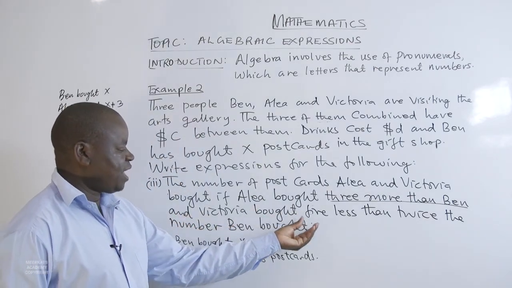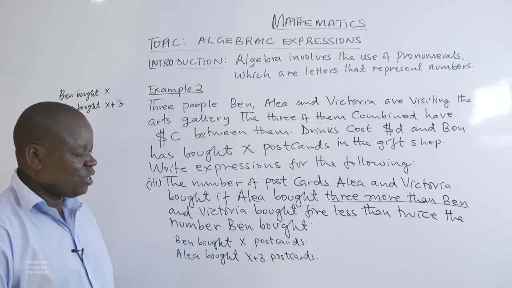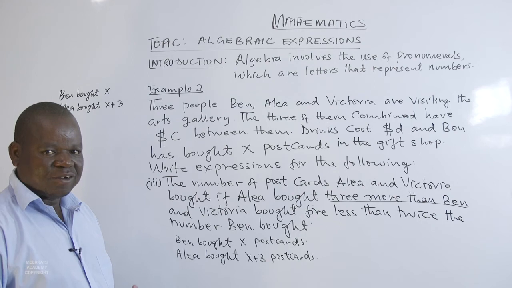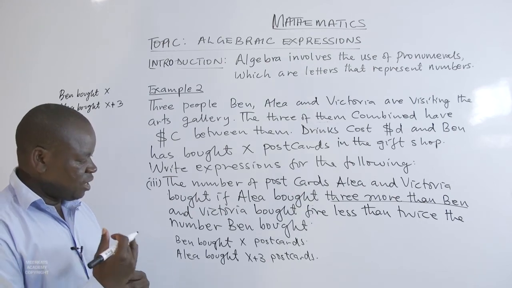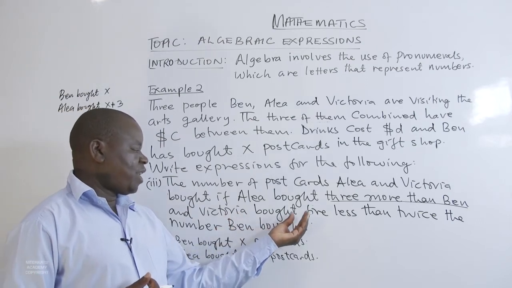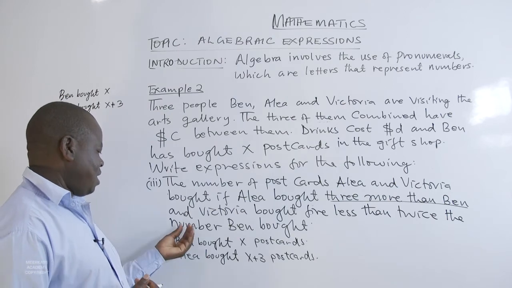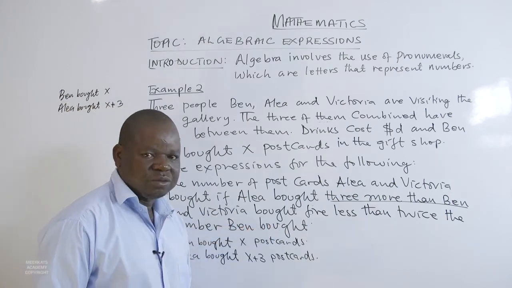Victoria bought 5 less than twice. This is now an even more complex statement that we must synthesize and interpret as a mathematical statement. Victoria bought 5 less than twice the number Ben bought.